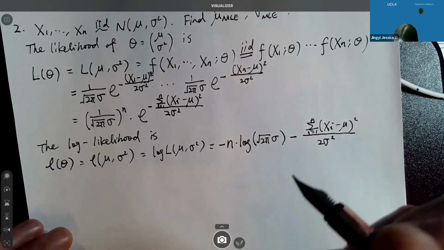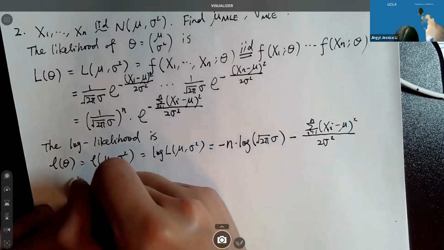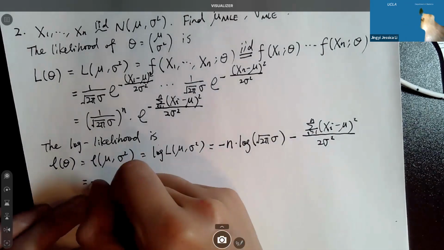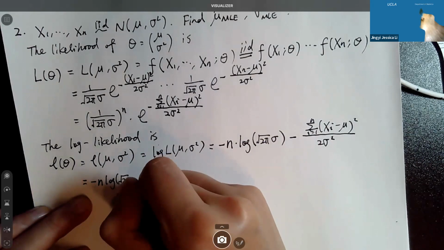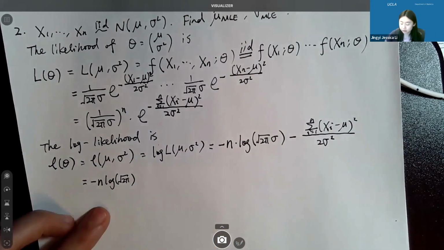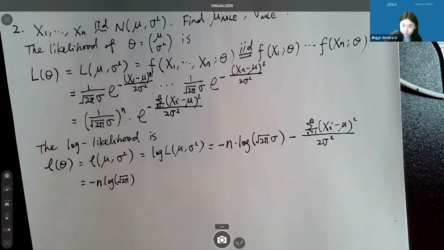To make that clearer, let me try to separate the first term. I will have negative n times log root 2 pi. Now this one has nothing to do with either sigma squared or mu. So it's a constant that will not affect our optimization.